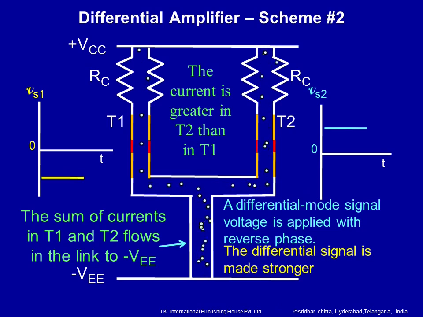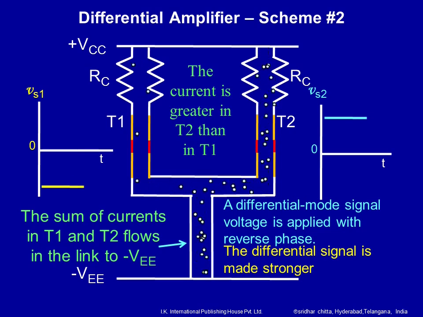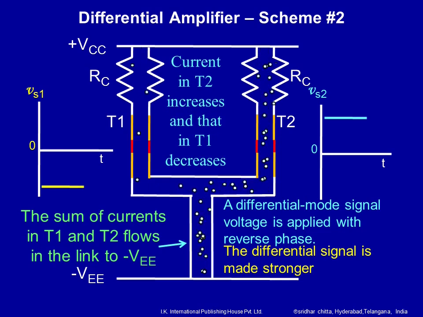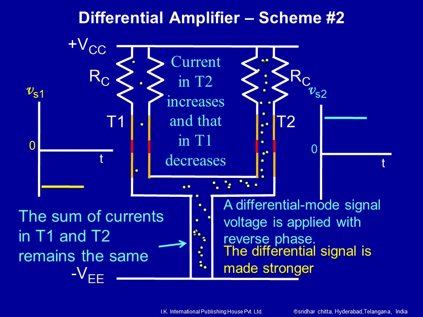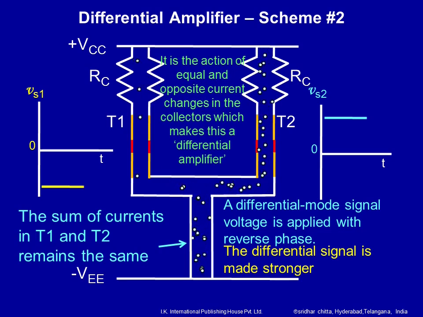The differential signal is made stronger. Current in T2 increases and that in T1 decreases. The sum of currents in both the transistors remains the same. It is the action of equal and opposite current changes in the collectors which makes this a differential amplifier.